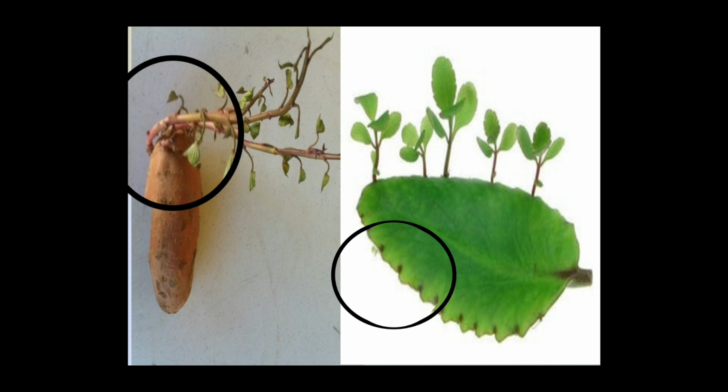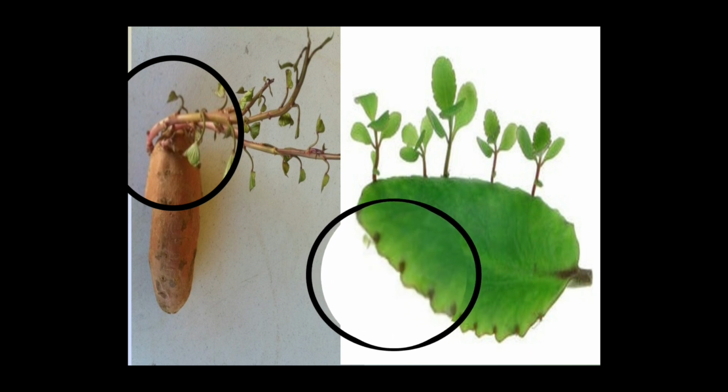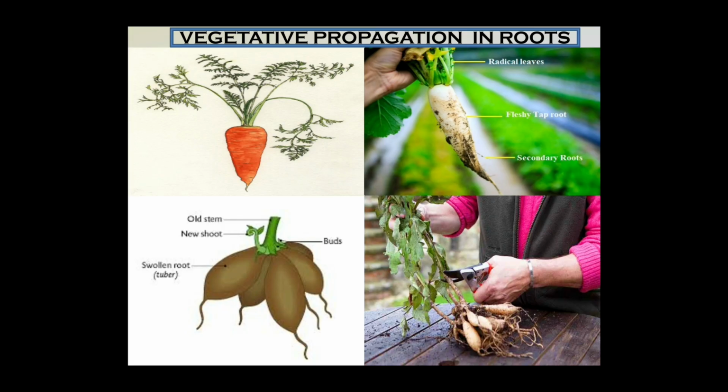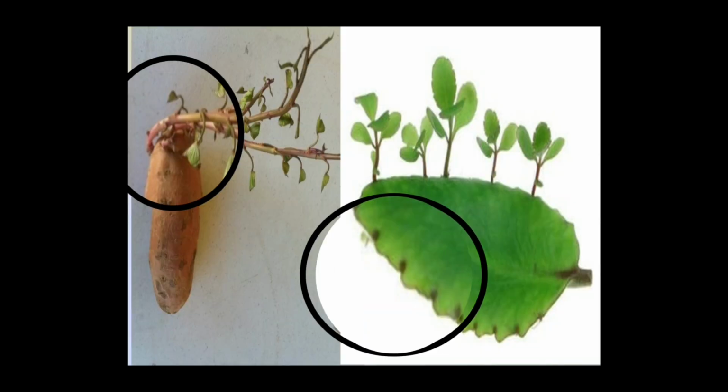Now we can see another sample here, that is bryophyllum. If you see this bryophyllum, there are some bud-like structures along the edge of the leaf. These bud-like structures along the edge of the leaf will remain dormant, inactive.